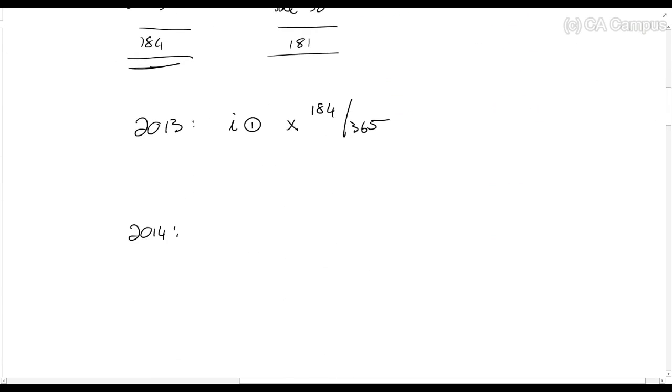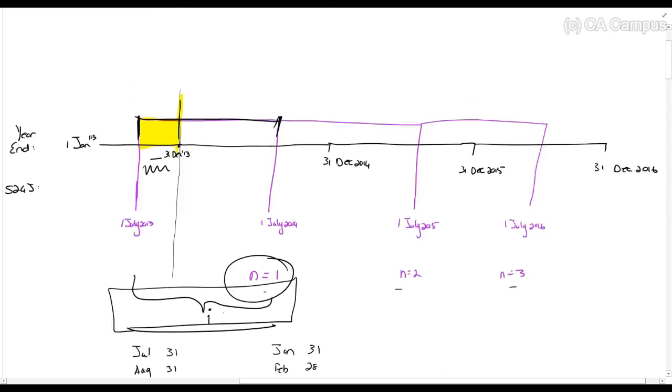2014, what are we going to do in 2014? 2014 is an interesting one. First, I just want you to remember what our tax year runs. Our tax year runs this entire period, so let's do it like that in blue. This is our entire tax year. Now you need to understand that part of our tax year, this first part over here, is still the same interest that we calculated in the previous tax year.